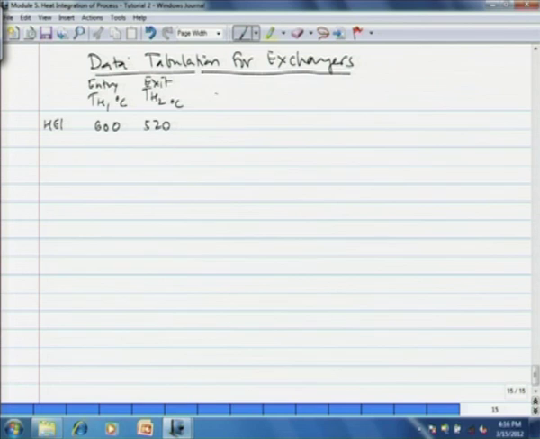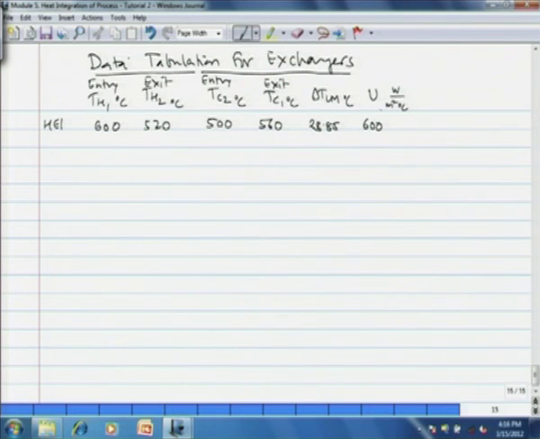Similarly, TC2 is entry for cold stream, that is 500, TC1 is exit for cold stream, that is 560, then delta TLM is 28.85, U is 600 watt per meter square per degree centigrade.